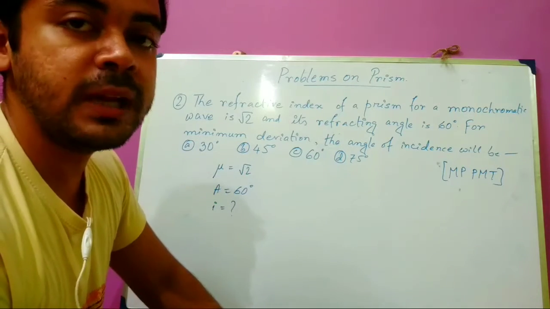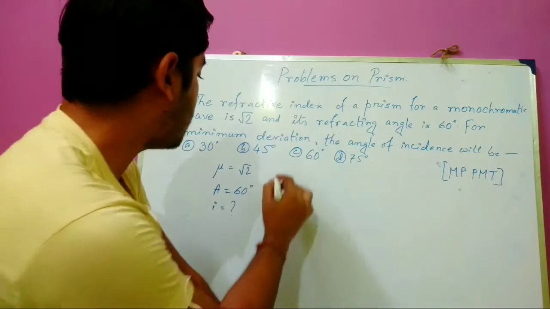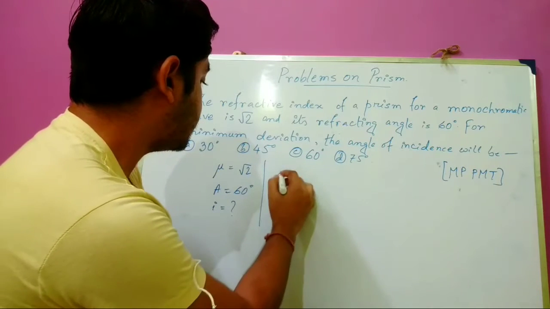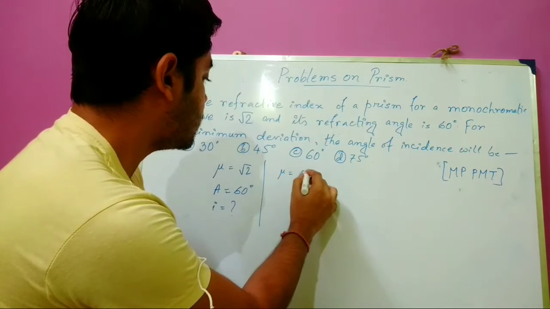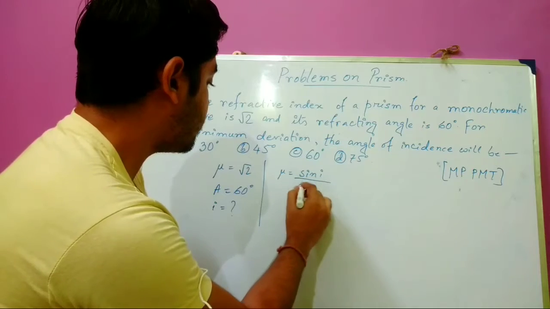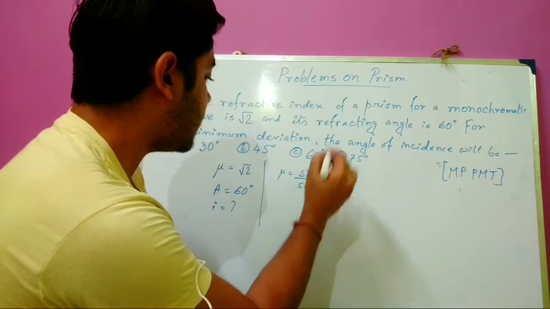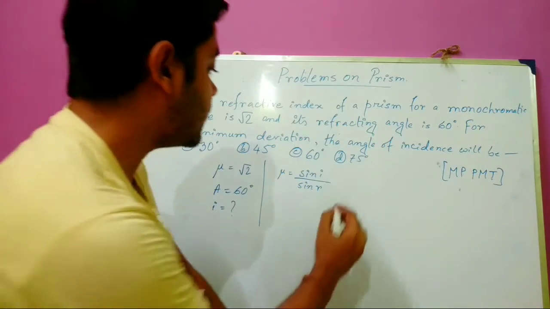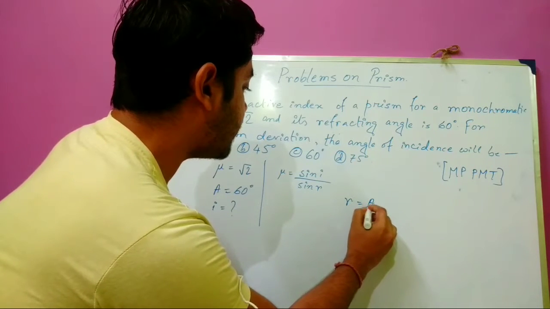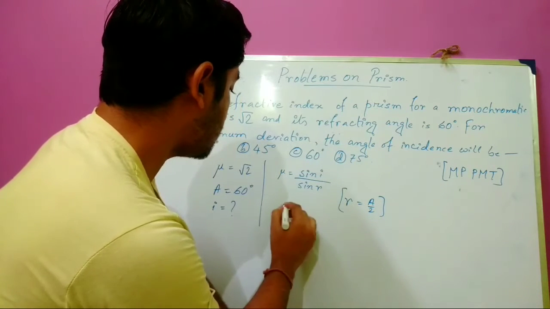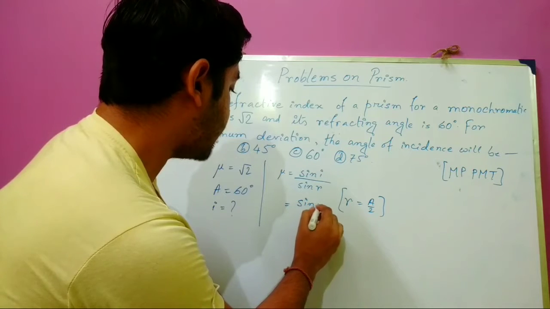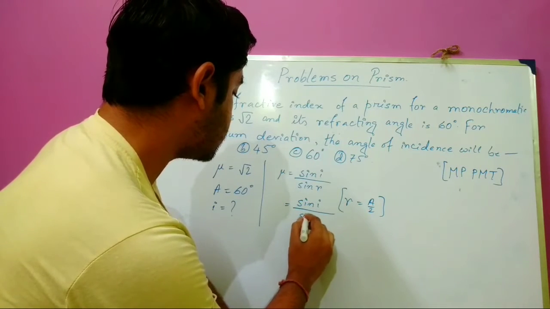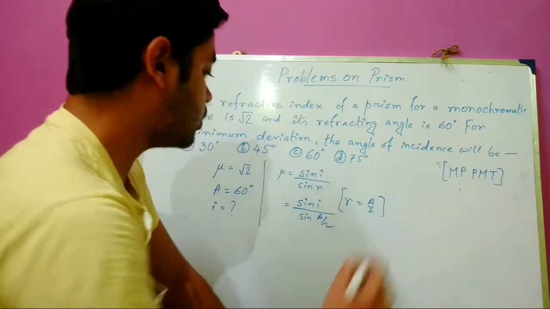Okay, now for minimum deviation, we know the formula of refractive index, that is mu equal to sin I divided by sin R, but actually R equal to A by 2, so we can write it as sin I divided by sin A by 2.